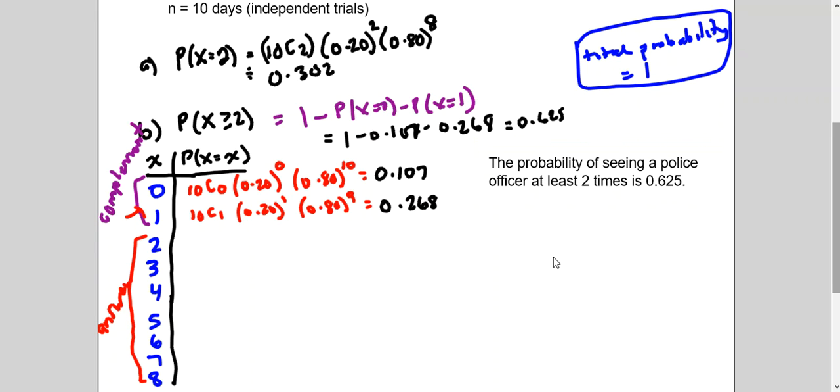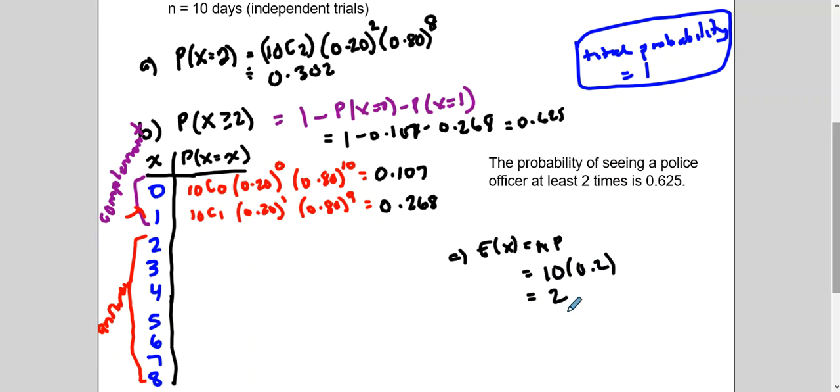Okay, so hopefully you'll see some patterns with this. The only thing that really changes is your P and Q. It could be something that you have to find, or they give it to you. Part C is my expected outcome. So you're given that formula. My N is 10 trials times 0.2, because that's the probability of success.